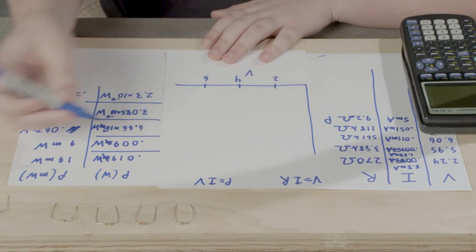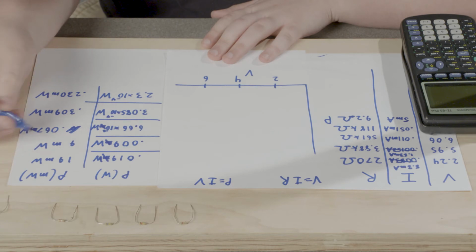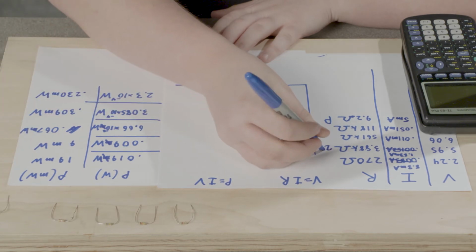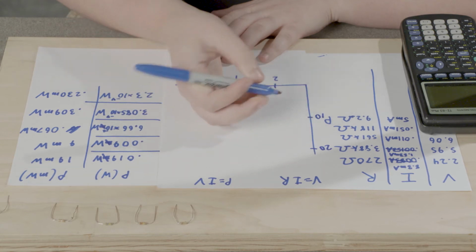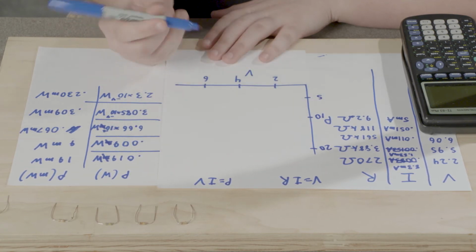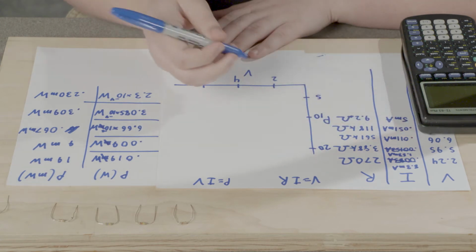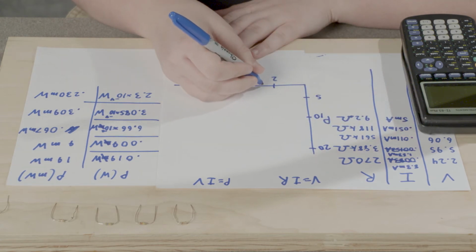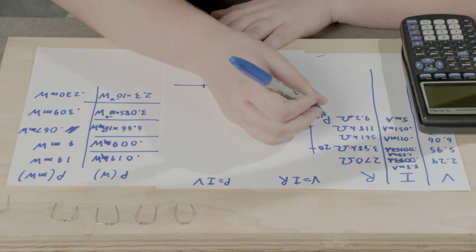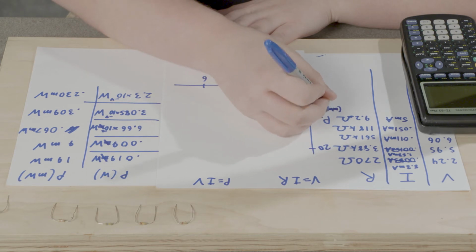Voltage, and we'll say that this is 20, this is 10, 5. All right, so the first one, we have 2.24 volts, so it should be around here, and we have 19 milliwatts. This is milliwatts.